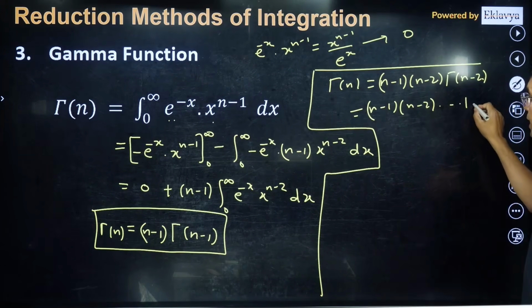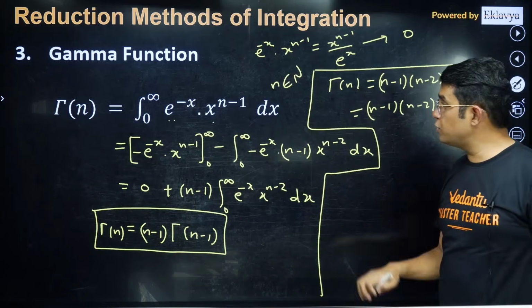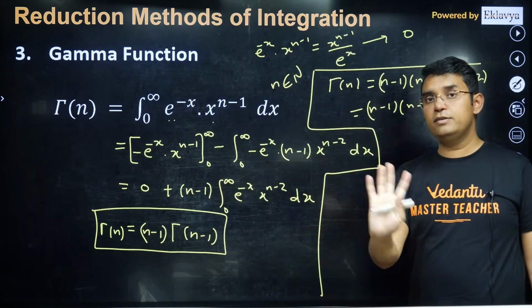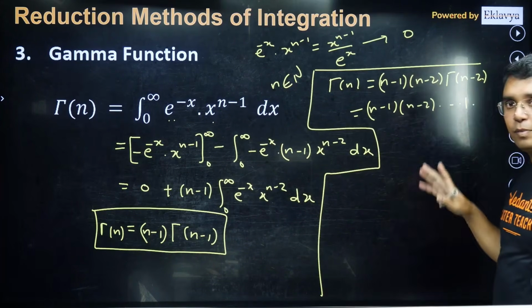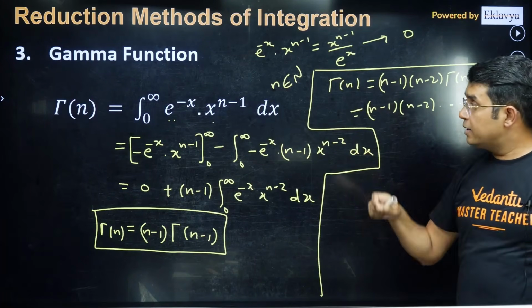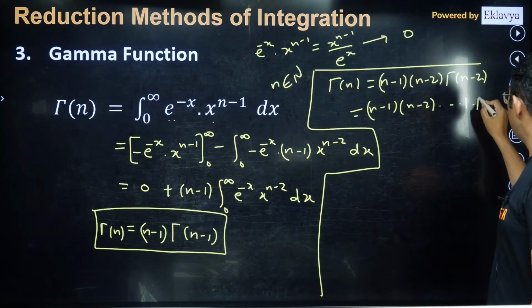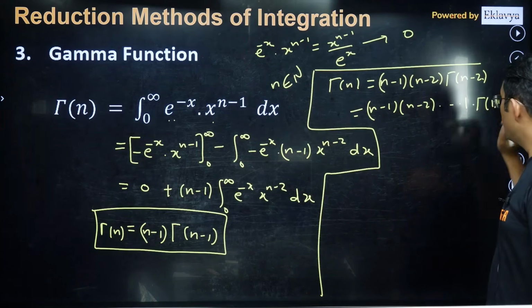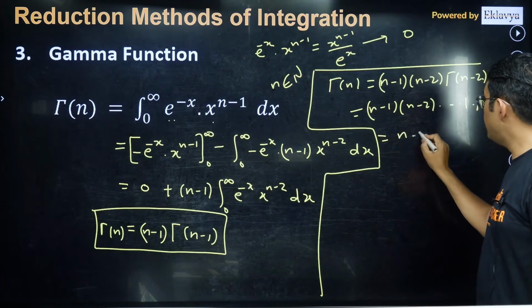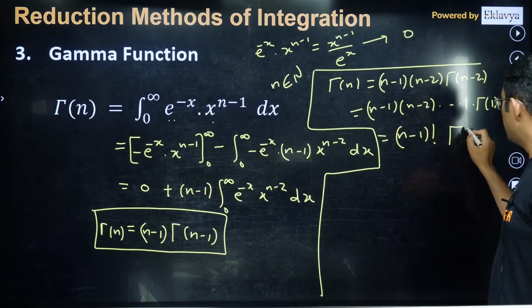I think it will go till 1, assuming n is a natural number. Although this gamma function is defined otherwise also, for our purpose let's stick to n belongs to natural, and I will give you the result for n equal to half also. So in that case, it will be gamma 1 here. So this becomes n minus 1 factorial into gamma 1.